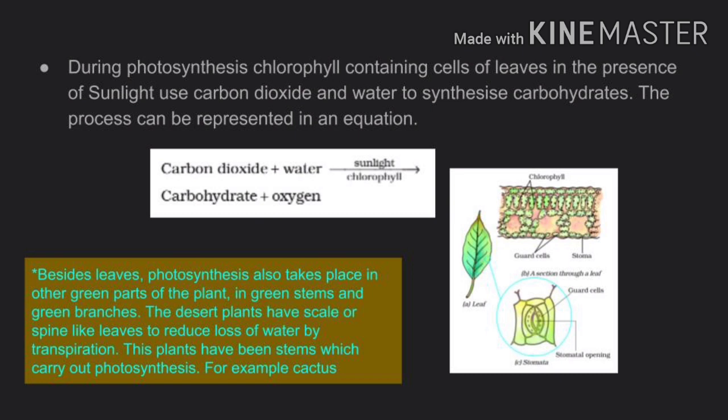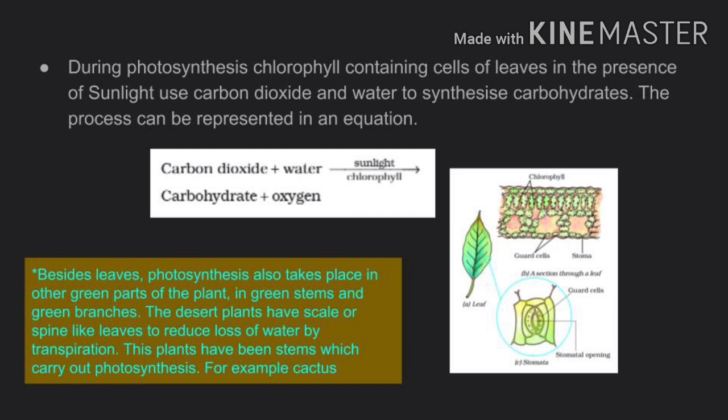So stomata is the plural word and stoma is the singular word. In between them, you can see above the chlorophyll pigment, the green pigment that you are seeing, that is the chlorophyll. So you can see the stomata down there with the guard cells and the stomatal opening.